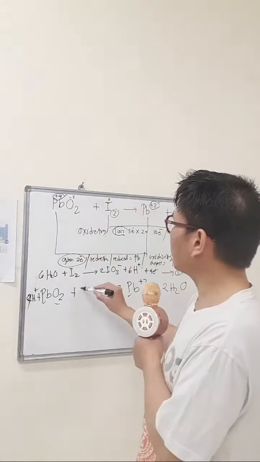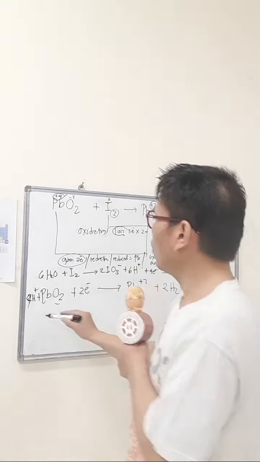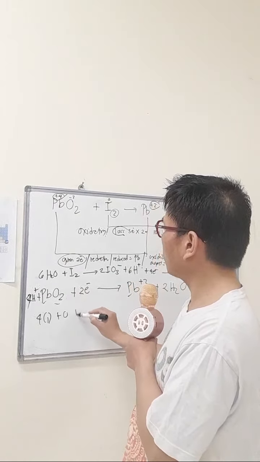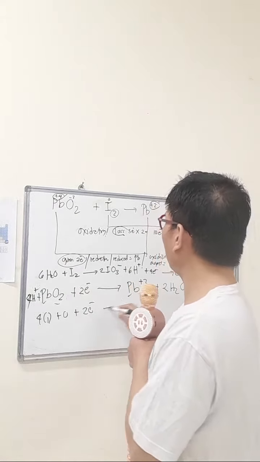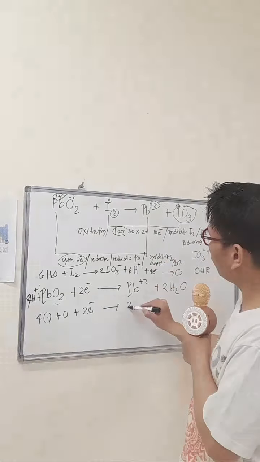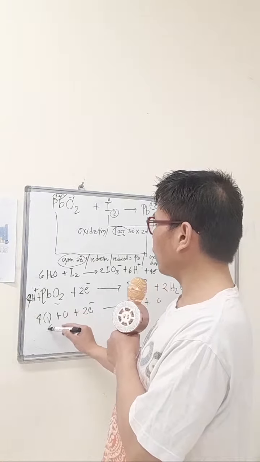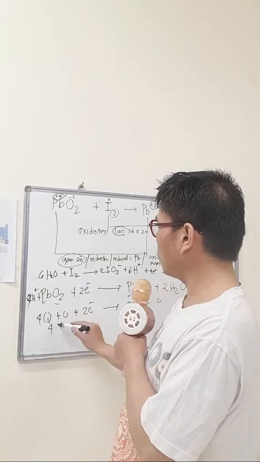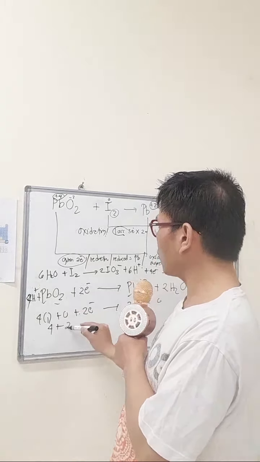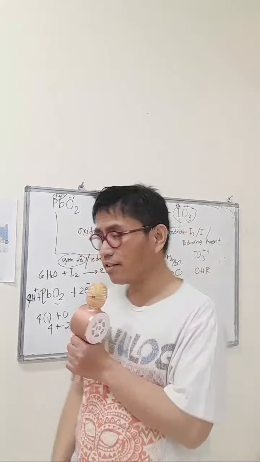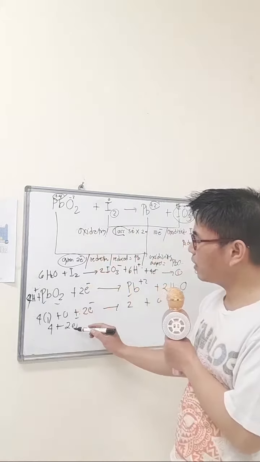Now balance again, if it is really 2 electrons. So 4 times 1 is 4, plus 0, plus 2 electrons. 4 minus 2 electrons, that is 2, because 4 is higher than the negative 2.